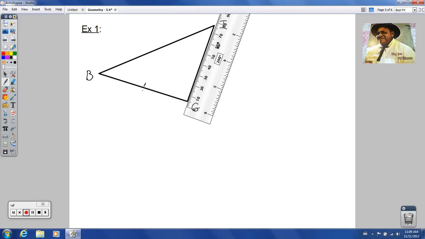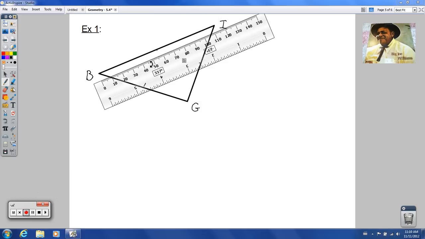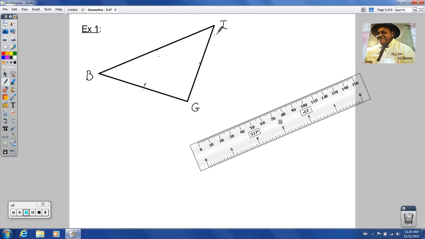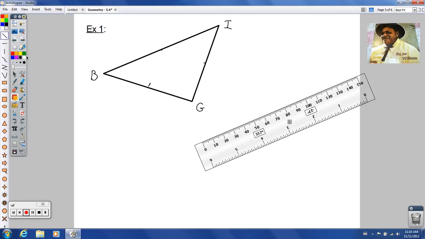And why don't I pause the video while you do that. Okay, so pause if you need to here, but this was 112, so I got 56 here. This one, I forget what the exact measurement was, but I found the halfway point there. And now I'm going to connect those midpoints here. All 3 of them, I'm going to connect them all. So I'm going to make this a little thinner.